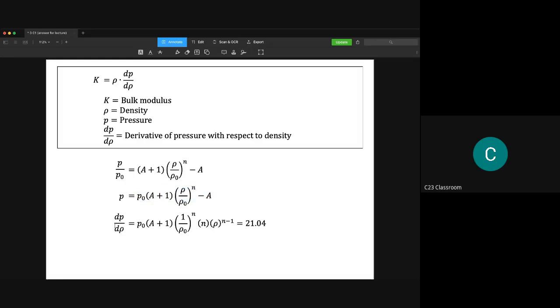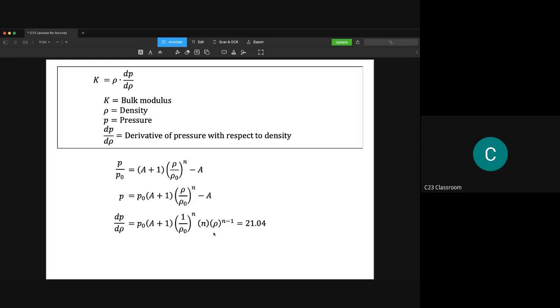When we differentiate it into dP over d rho, the A minus A P naught term can be eliminated. I just mistyped here. Then we have dP over d rho, and we get this value here.